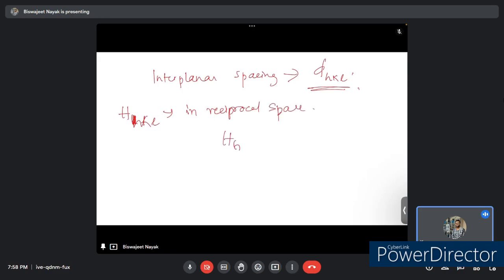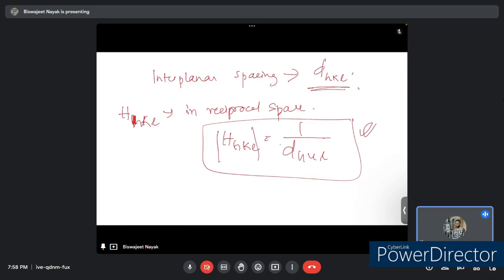They are inversely related, like d HKL is 1 by d star HKL, if we consider only the length or the magnitude.